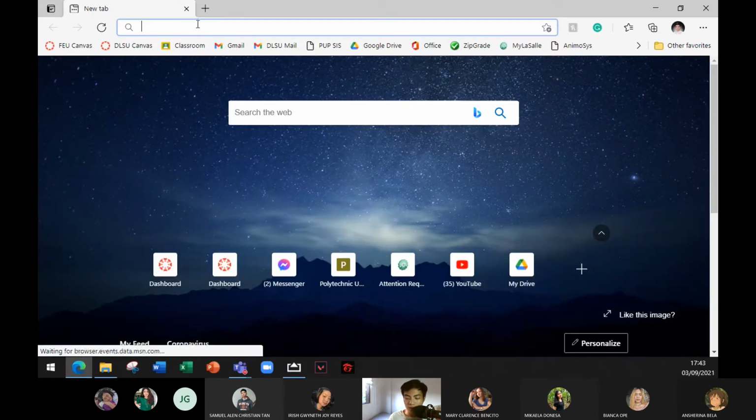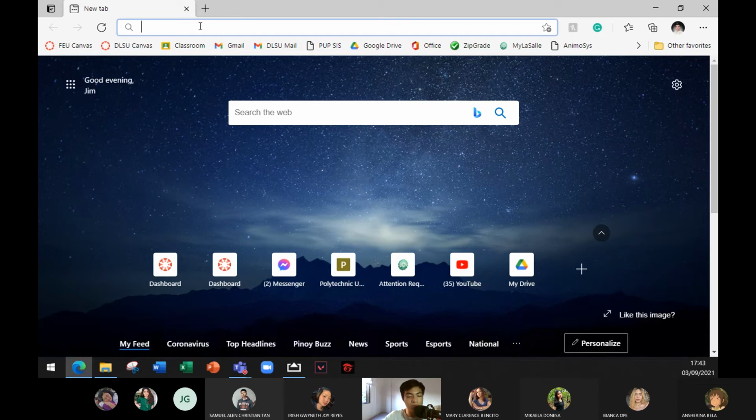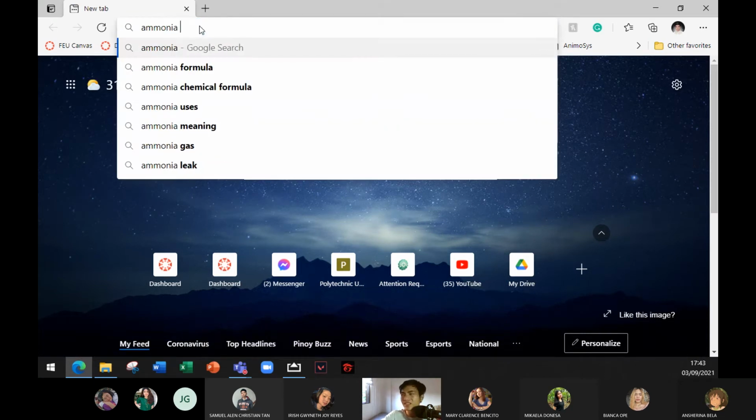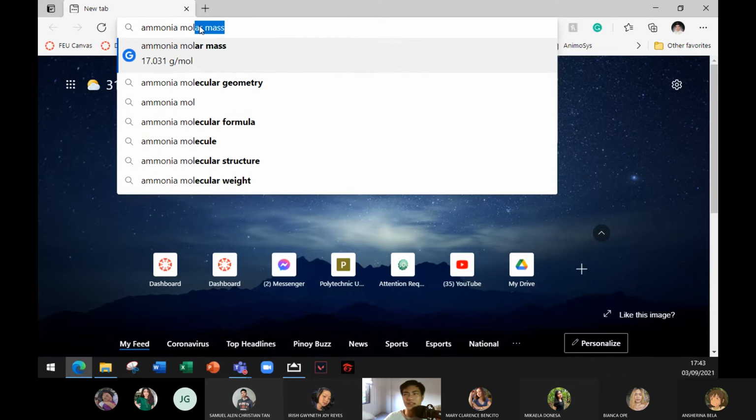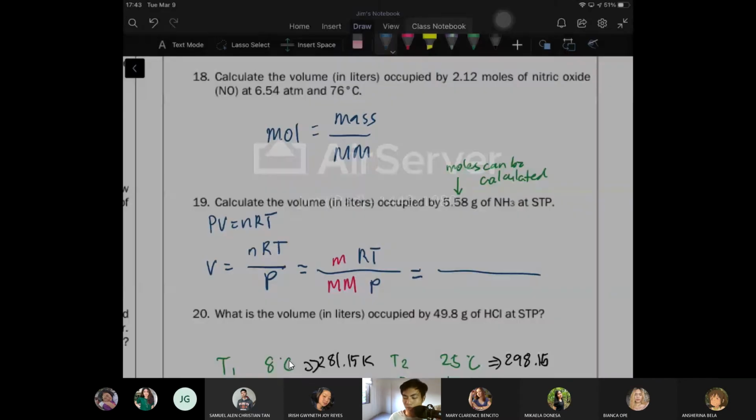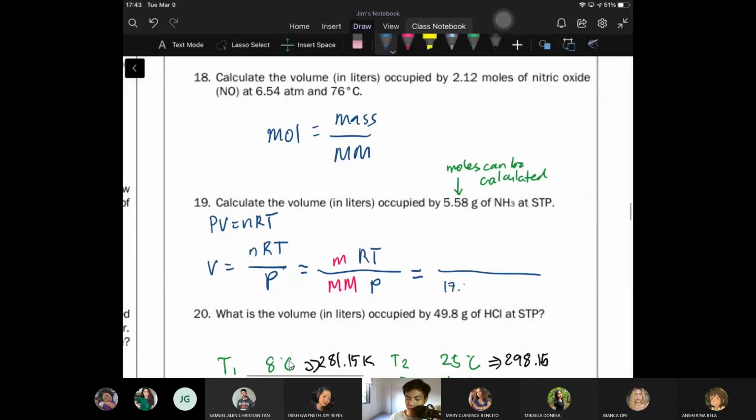Kunin natin yung moles ng ammonia. Okay, wala akong copy ng periodic table eh. Ayan, so 17.031. Okay, so save natin yan. So yun yung molar mass ng ammonia. 17.031 g/mol, grams per mole.